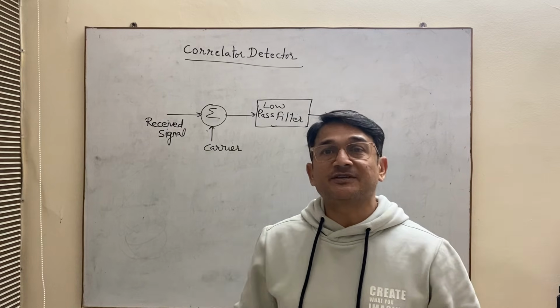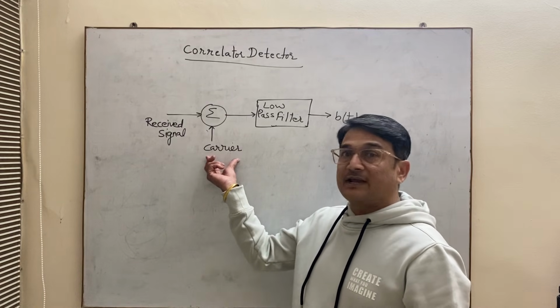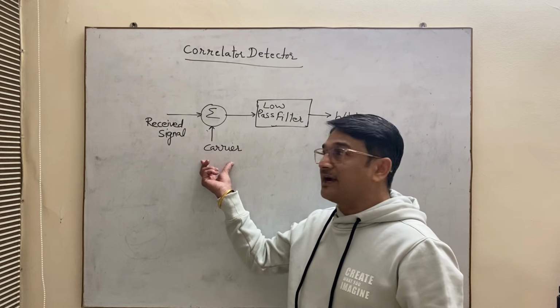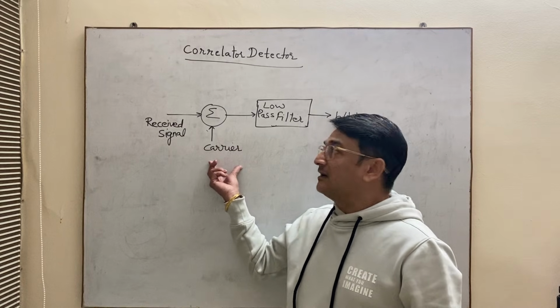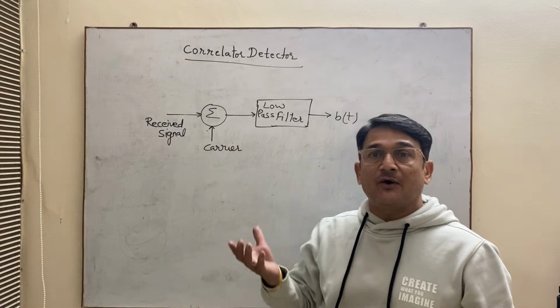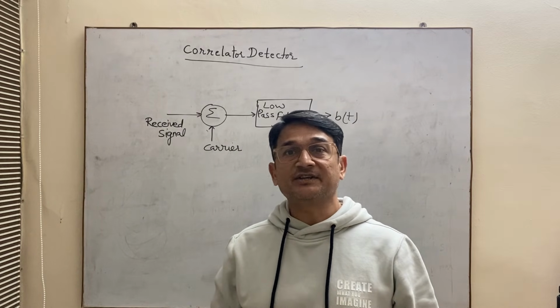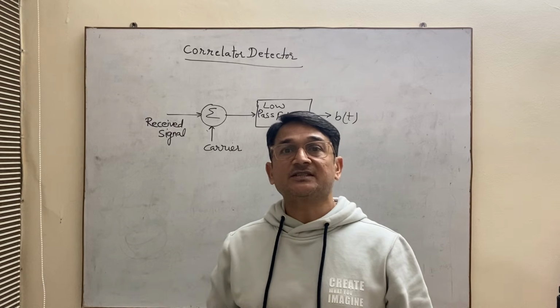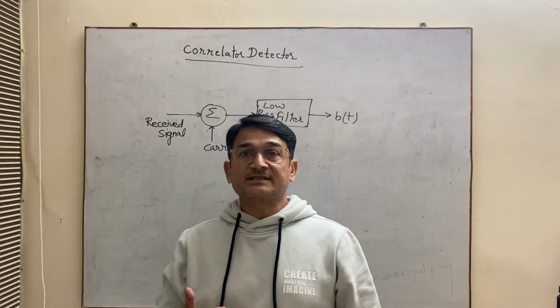So the next topic is correlator detector. In correlator detector, we use the carrier signal at the receiving end. As you can see, the received signal is multiplied with the carrier signal, and then this signal will pass through the low pass filter. How it functions, you have seen in the various analog modulation techniques as well as in various digital modulation techniques like amplitude modulation, ASK, FSK, PSK.